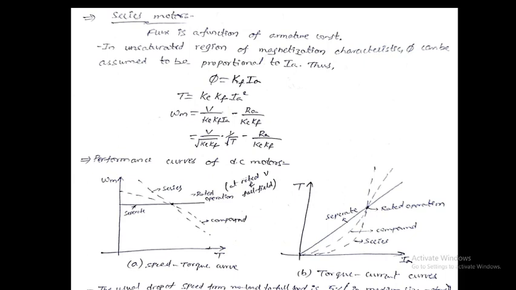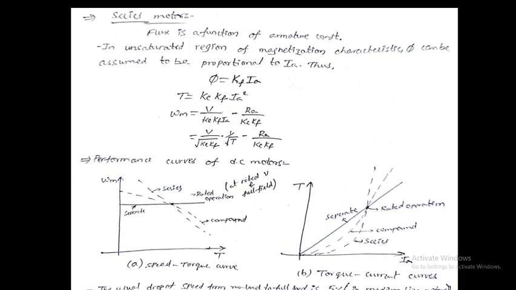Again, by substituting in the omega m equation, E is equal to V minus Ia Ra. E can be replaced with Ke Kf into Ia omega m. Just to remember, omega m is V minus Ia Ra by K in the fundamental equation.